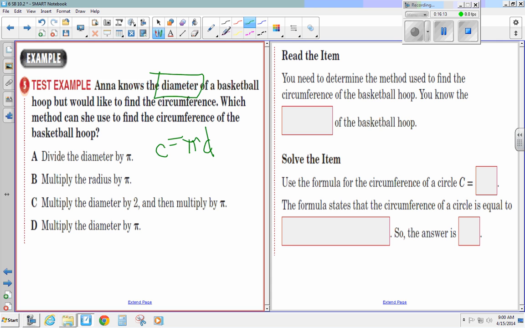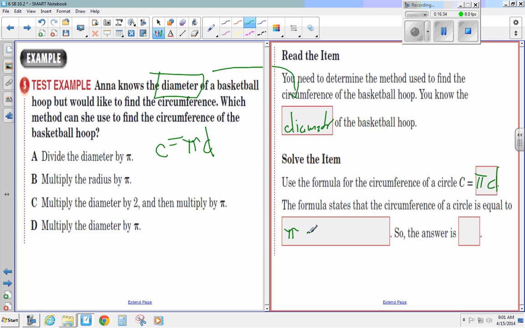To fill in the blanks here, we know the diameter, and we use the formula pi d. It states the circumference of a circle is equal to pi times the diameter.